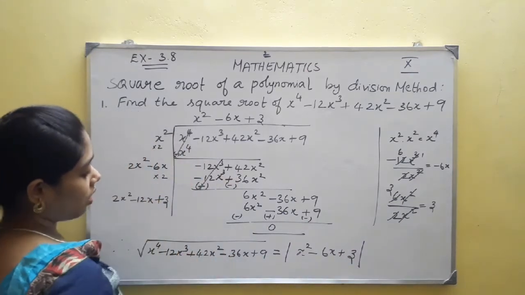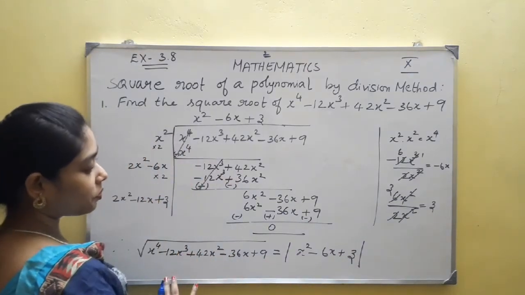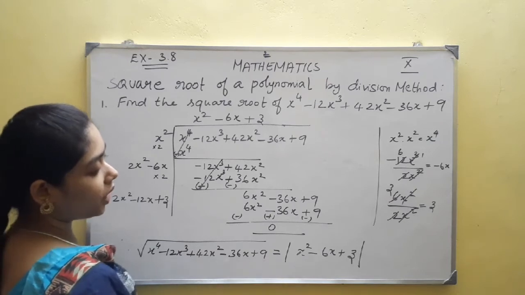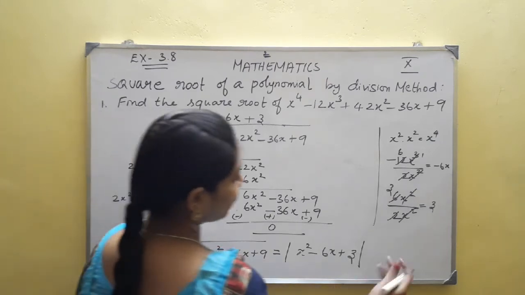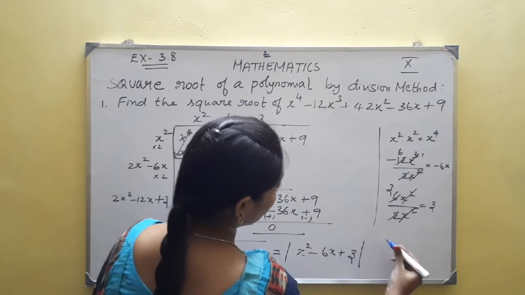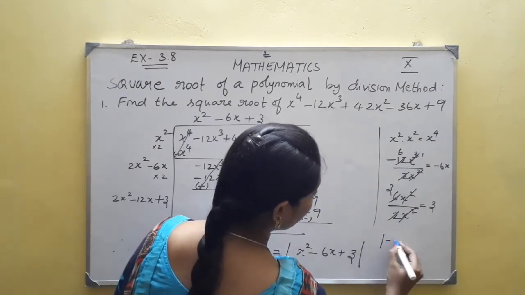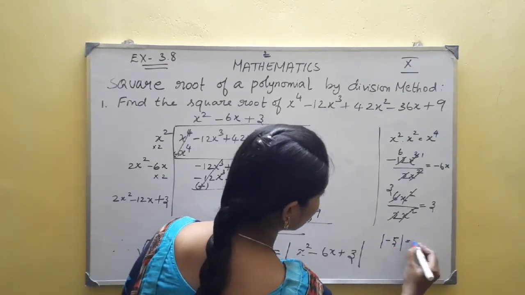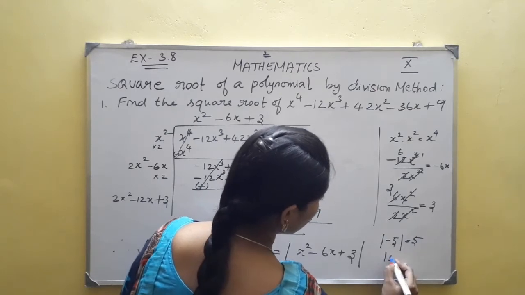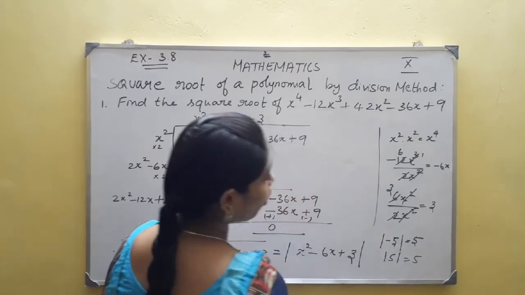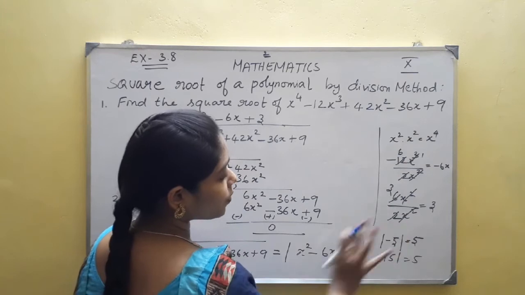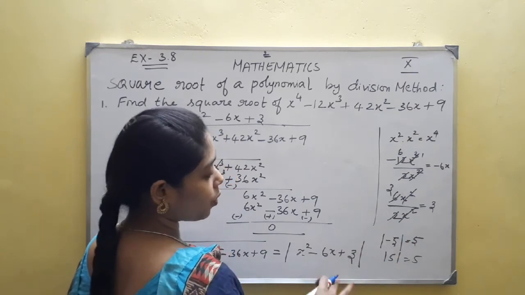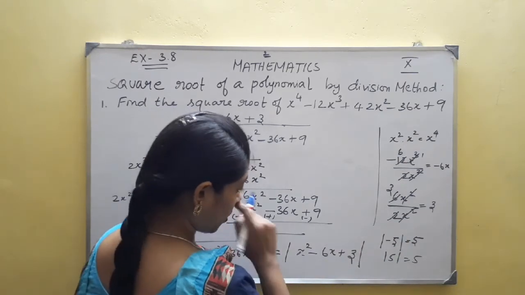Why? Because the square root of any value gives you a positive real number. Even if you take this example, modulus of minus 5 gives you 5. Modulus of 5 gives you 5. So any numerical value inside this modulus sign, whether positive or negative, gives you a positive value.